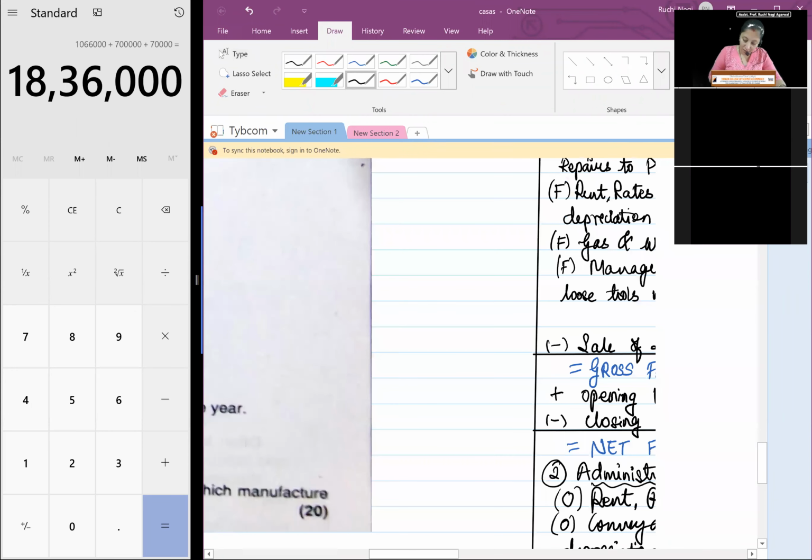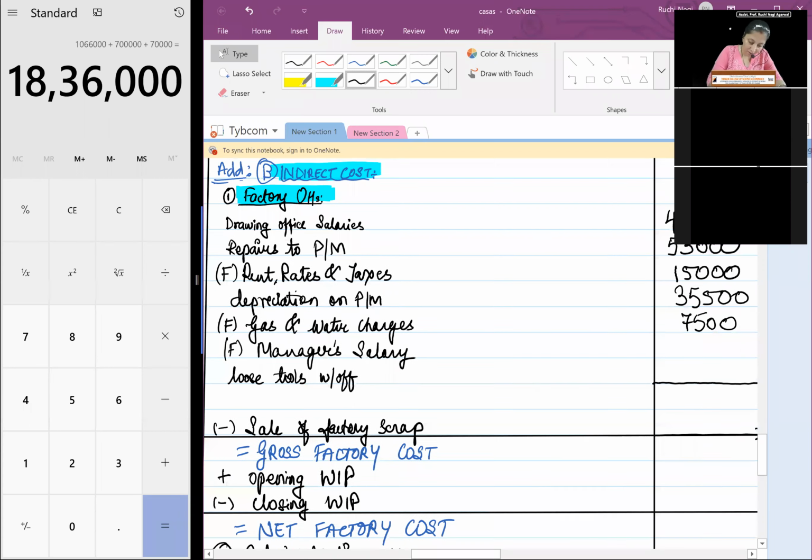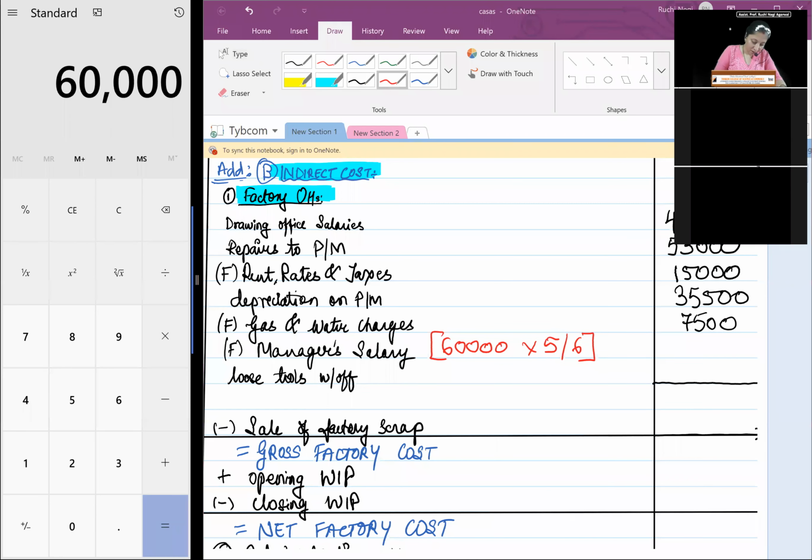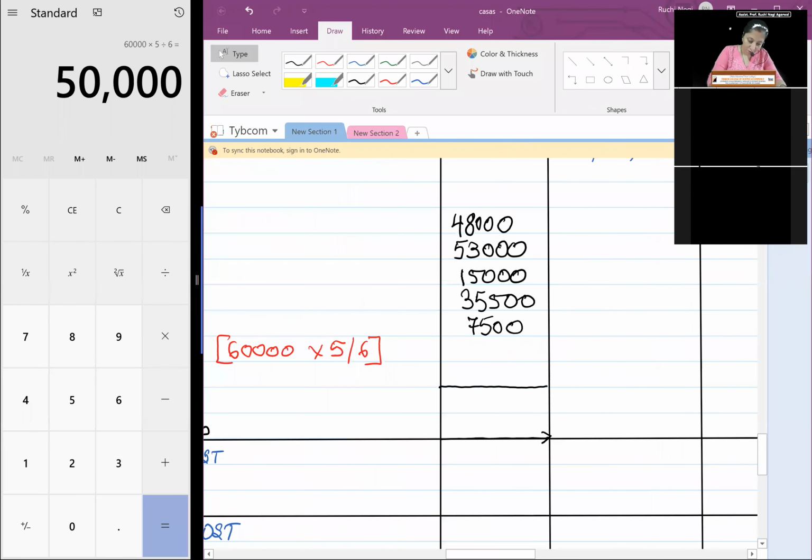So let us calculate factory manager's salary. 60,000 into 5 divided by 6. Let us calculate 60 into 5 divided by 6. So the answer is 50,000. So write here 50.